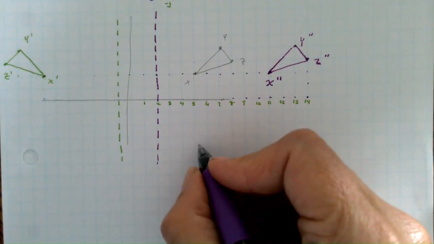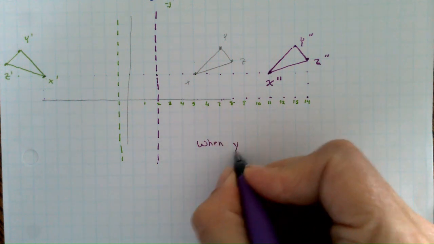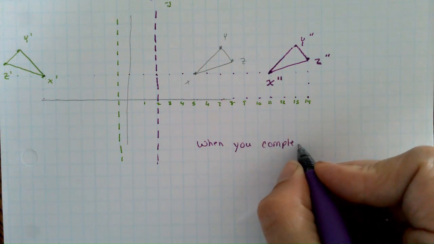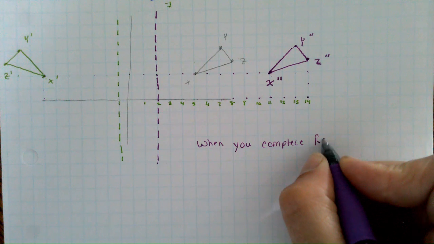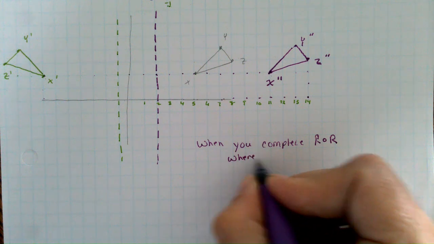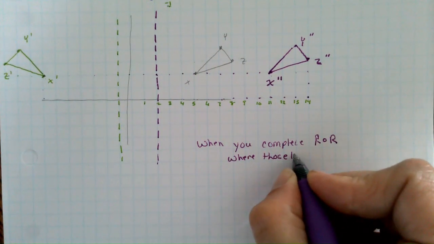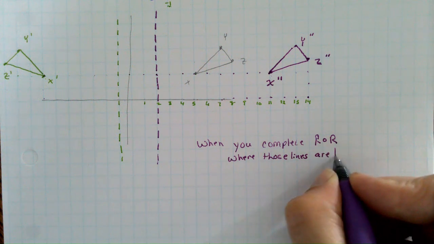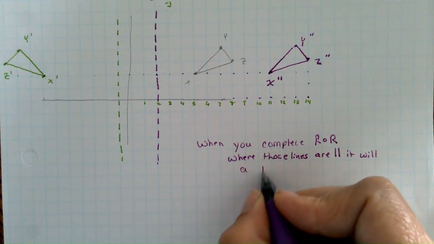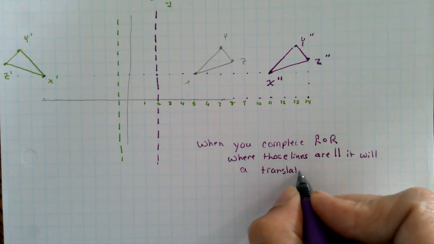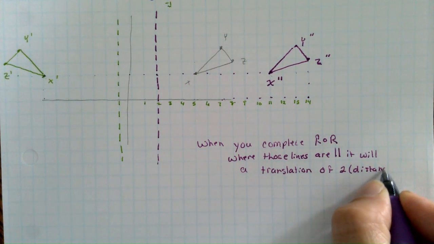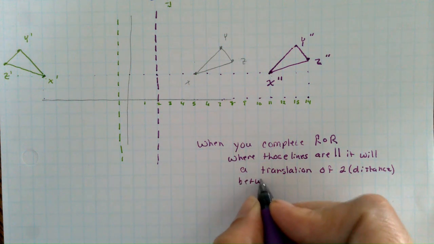So when you do a composition where those lines are parallel, it will equal a translation of 2 times the distance between the parallel lines.